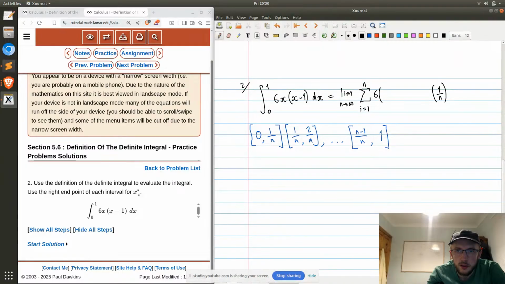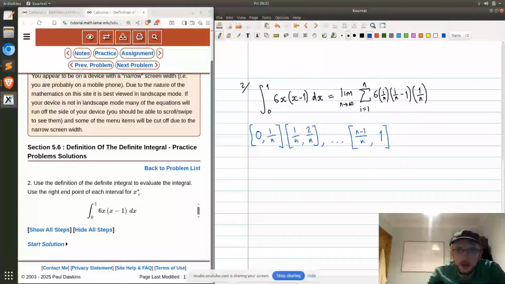So 6 times i over n times i over n minus 1. And let's multiply. This is playing the role of my dx, the discrete case. Okay, so do something with this.